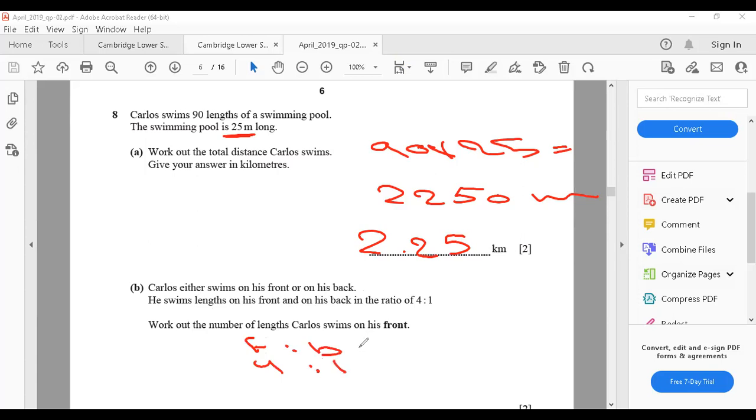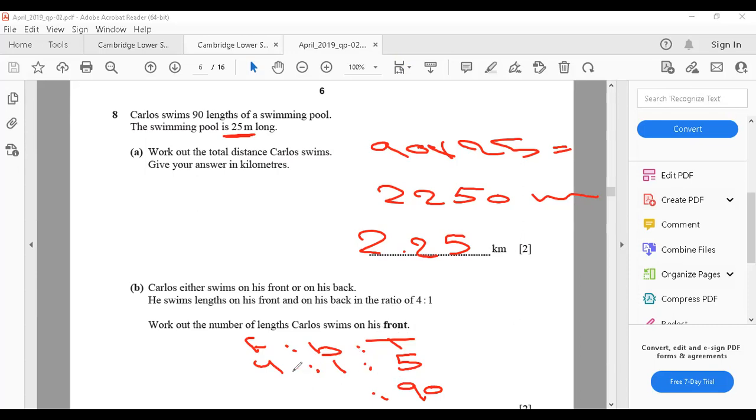The total of the swim is 5, right? And the total lengths is 90. This continues the question because this is part B. Work out the number of lengths Carlos swims on his front.